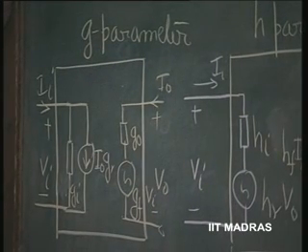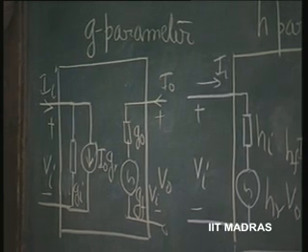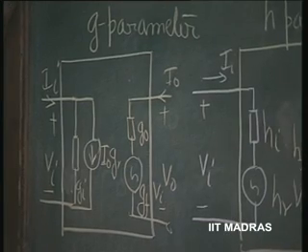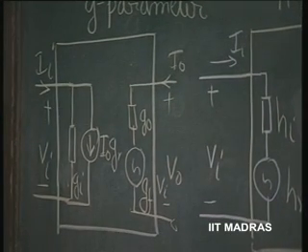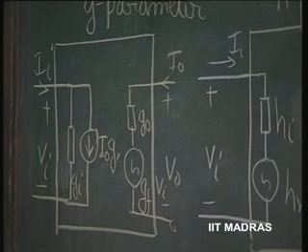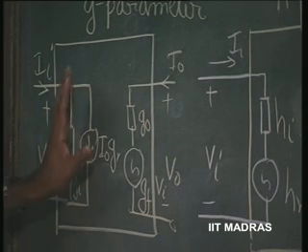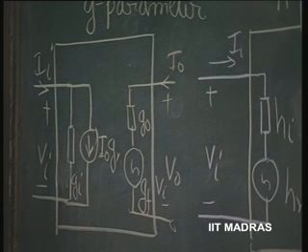Is this representation clear? It is the same set of equations that we are now representing in the network form. In all these cases, if it is resembling an ideal amplifier, we can clearly see the first thing that has to happen is that all the reverse transmission should go to 0.